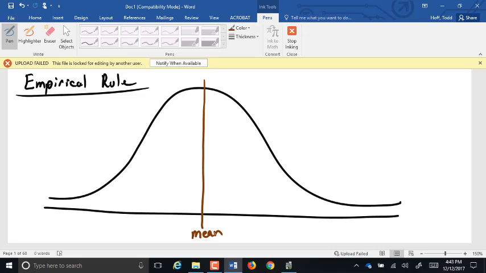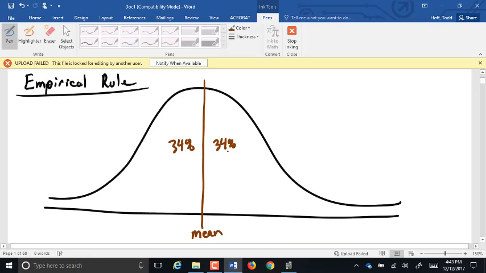But what it says is 34% of the data is always found on either side of the mean, between the mean and 1 standard deviation away. So this would be minus 1 standard deviation, 1 standard deviation below the mean. This would be plus 1 standard deviation, or 1 standard deviation above the mean.